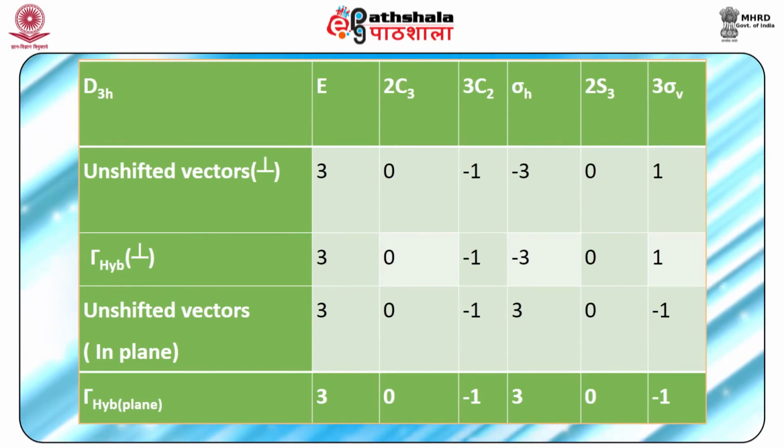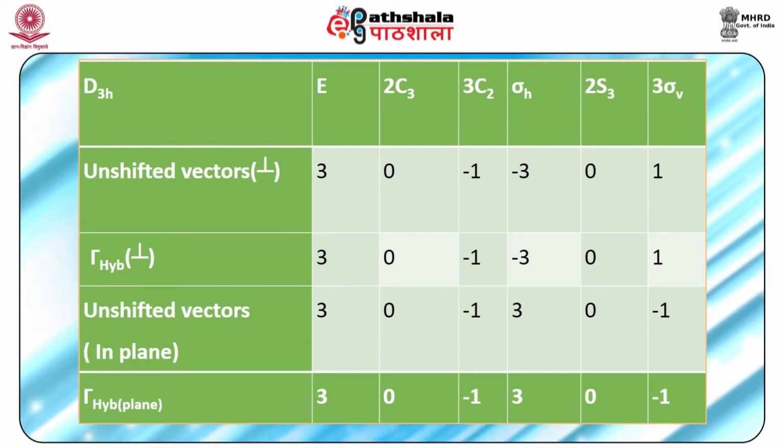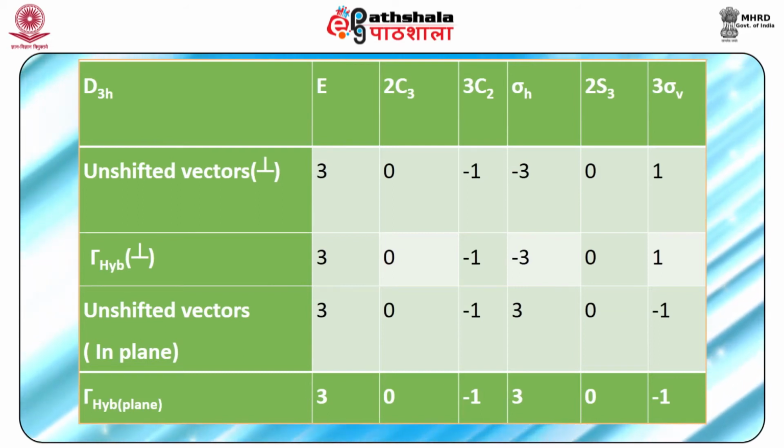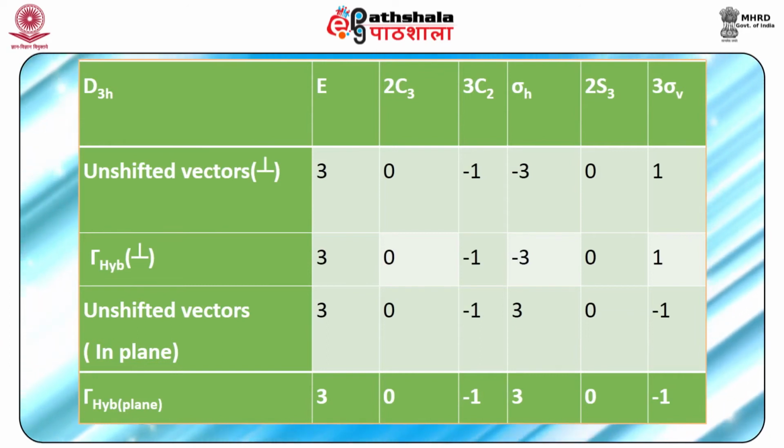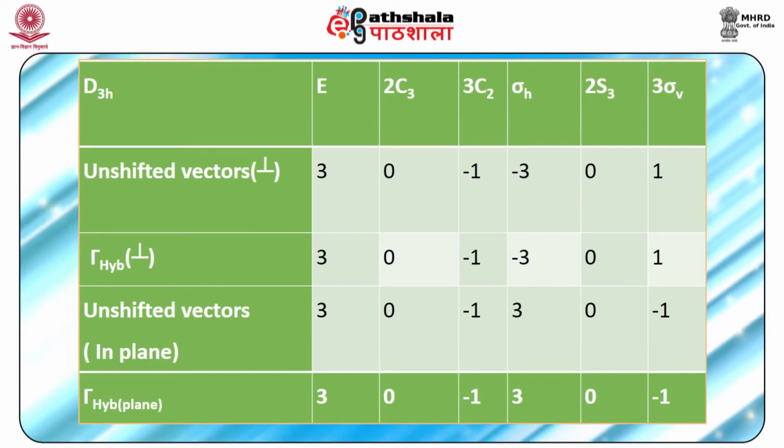Earlier we took the perpendicular ones, now I take the planar ones like this, and these effects are summarized as 3 0 minus 1 3 0 minus 1, and it is tau hybrid in plane.